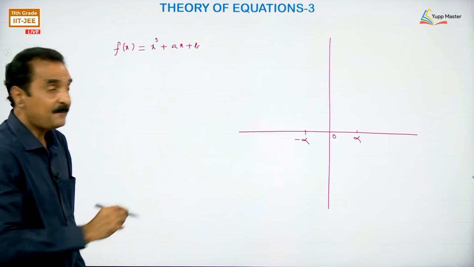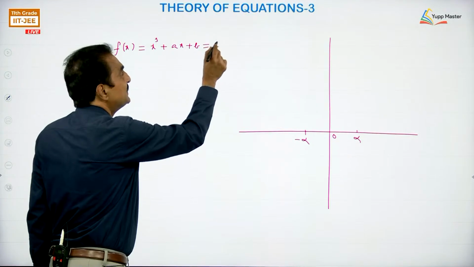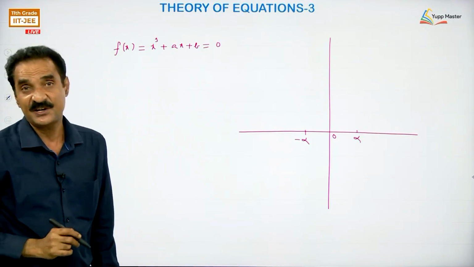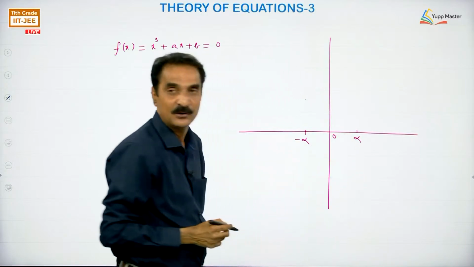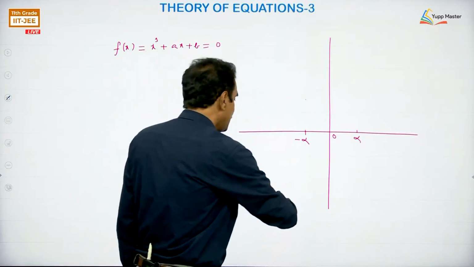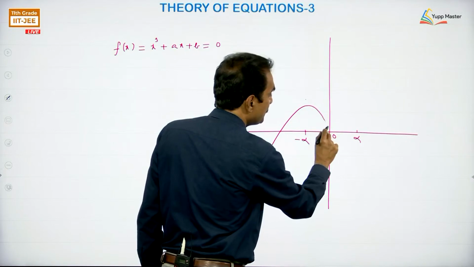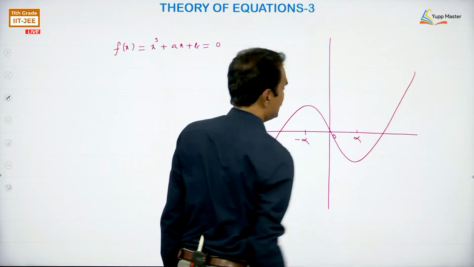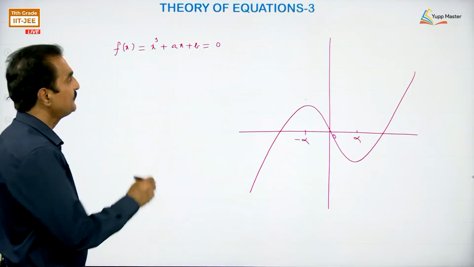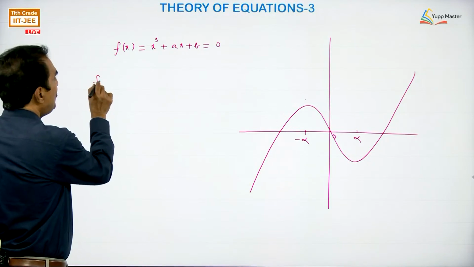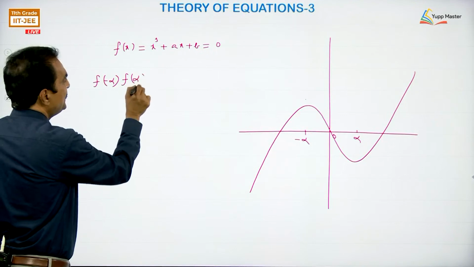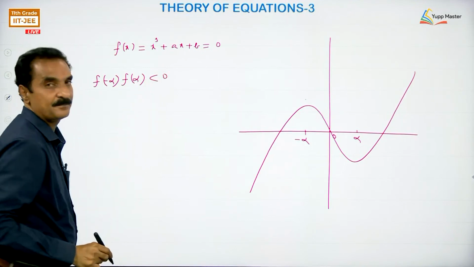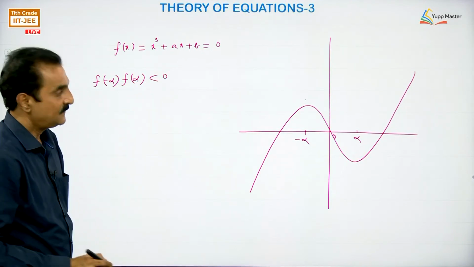If f of x is equal to 0 has three distinct real roots, the maximum point should be above the x axis, and the minimum point should be below the x axis. The graph should be like this. What is the condition? f of minus alpha into f of alpha should be less than 0. Is it not?